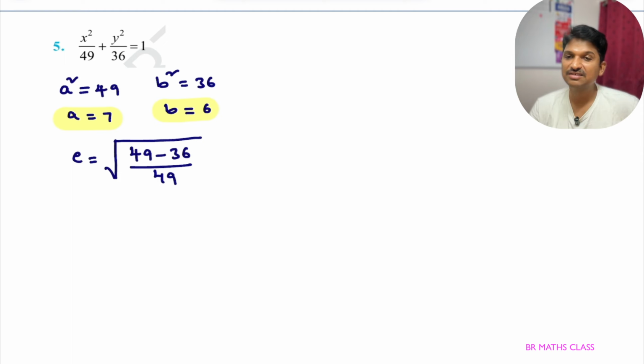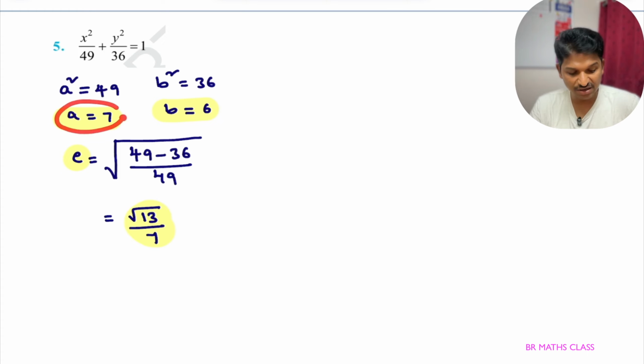Now 49 minus 36 is 13. So we get root 13 divided by root 49, which is 7. So we got e value also. Third important thing: a value, b value, e value. Is this first type or second type? A is greater than b, so this is first type of ellipse.